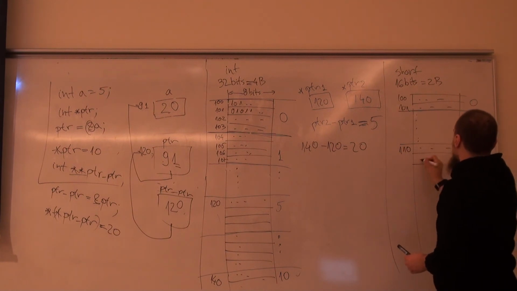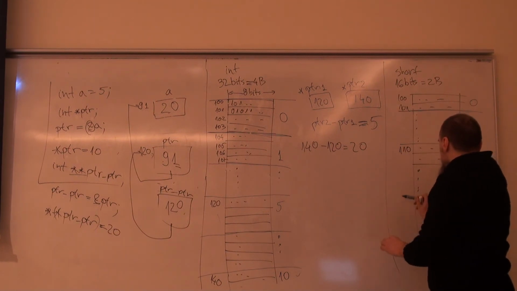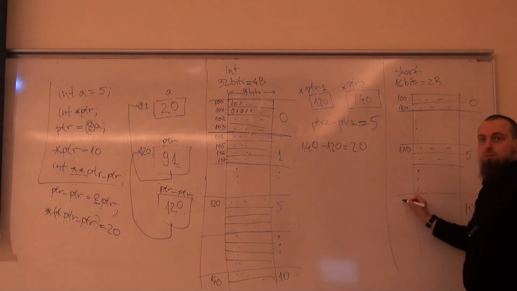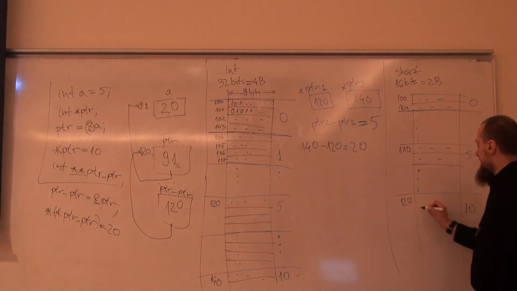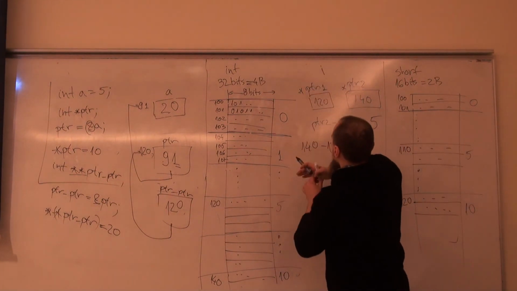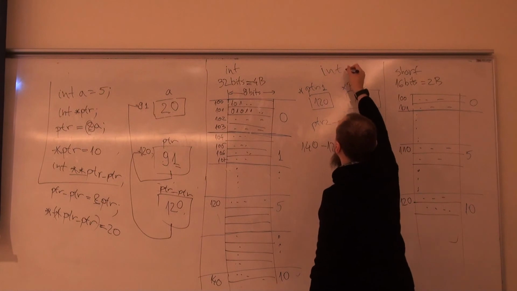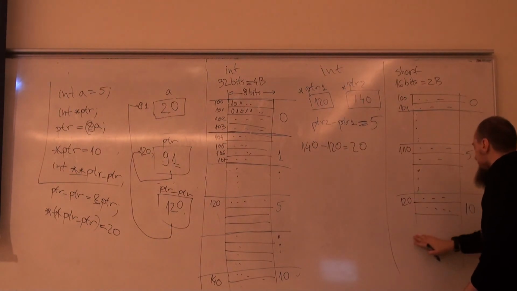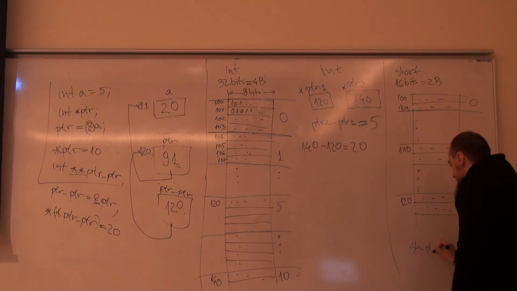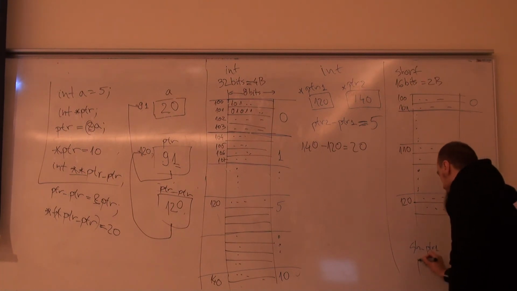And we have bytes here. Then I continue. What is going to be the value of the 10th index? 120. Those pointers are integer pointers. If I have, let's say, short pointers, short pointer 1 and short pointer 2.